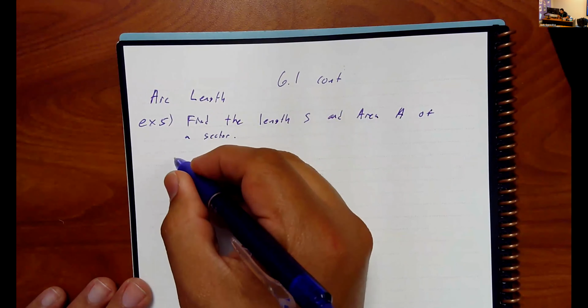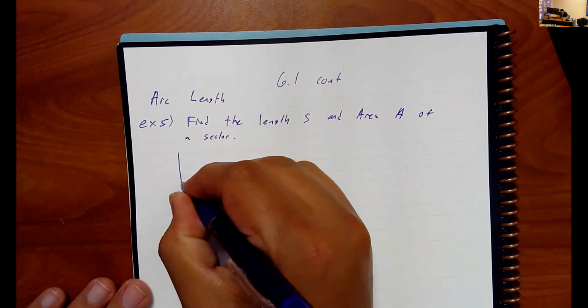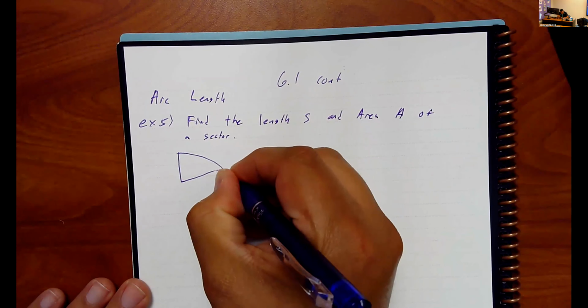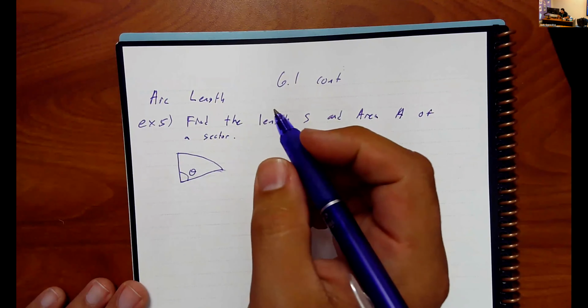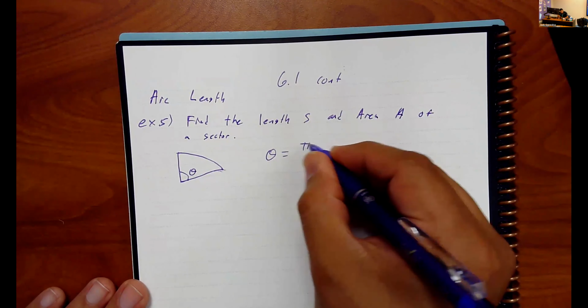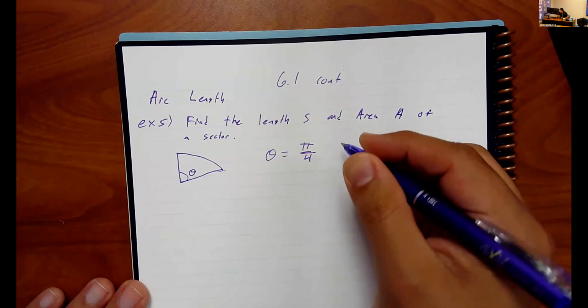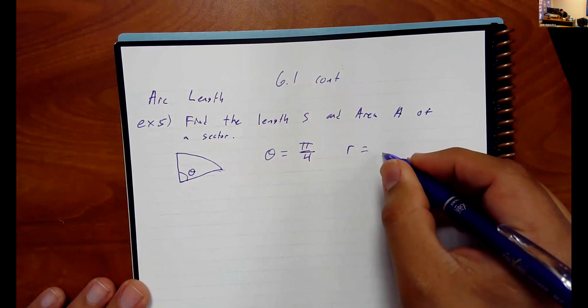So basically, they give you some slice of a circle. They're saying that theta is pi over 4 and the radius is 2 feet.